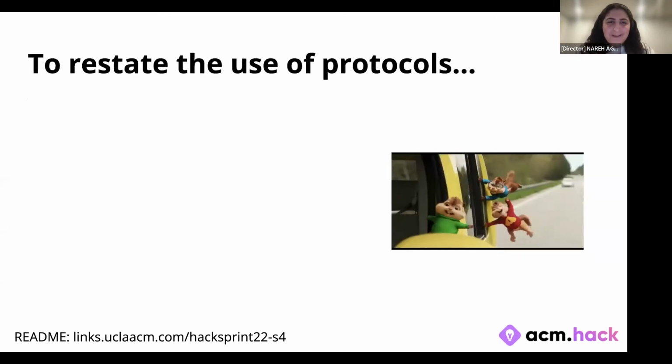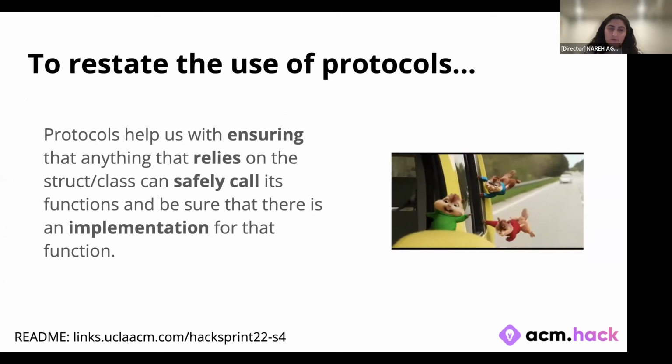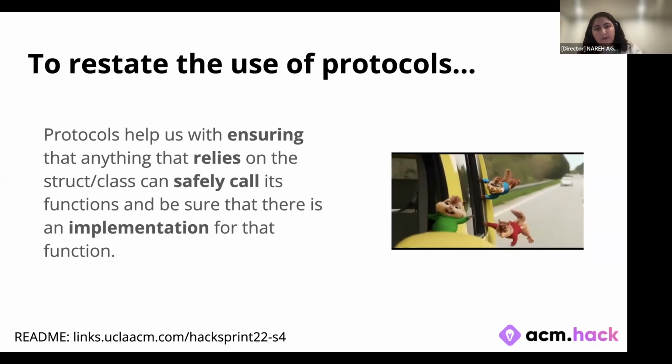And once again, just to restate the use of protocols, protocols help us with ensuring that anything that relies on the struct or the class, for example, the way that we're using the list to go through that array, it relies on that chipmunk struct. So anything that relies on that struct can safely call its functions and be sure that there is an implementation for that function.